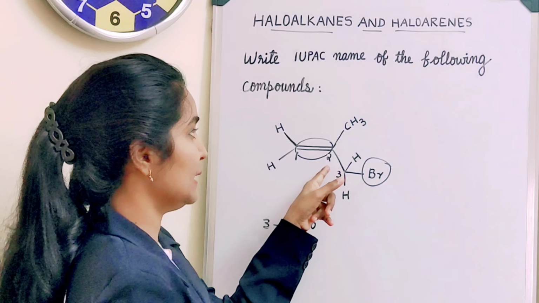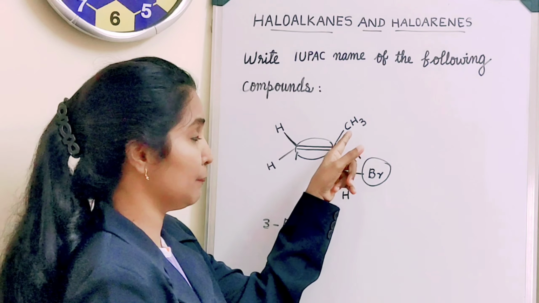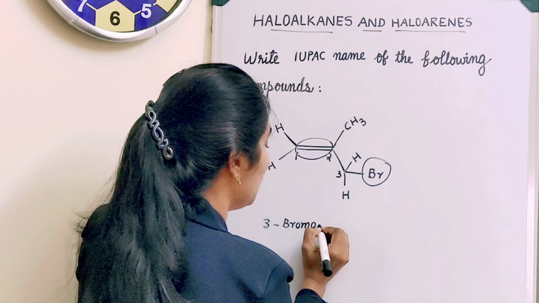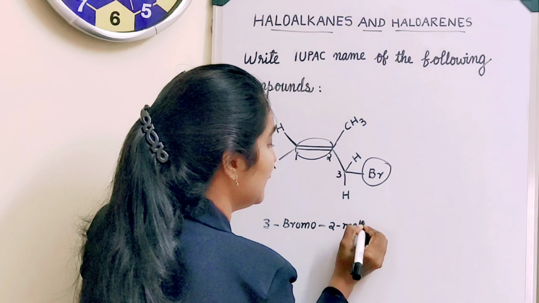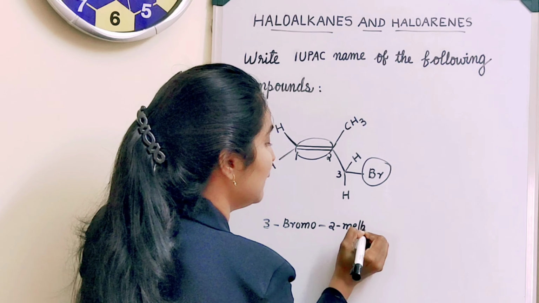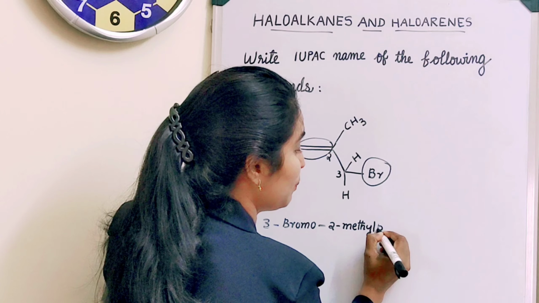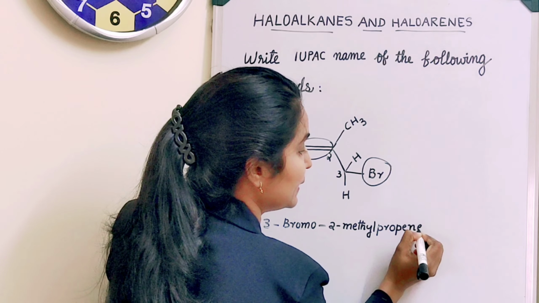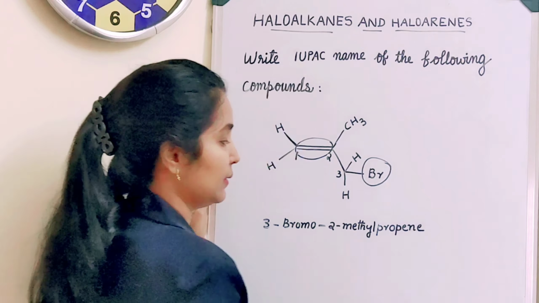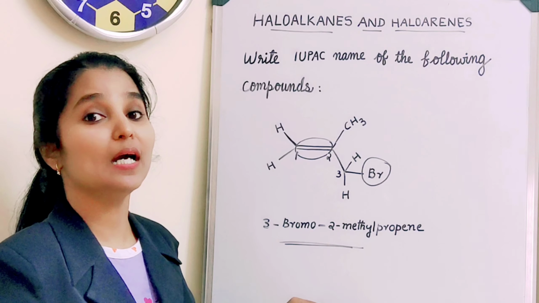Then in the second position we have the substituent methyl group. 3 bromo, 2 methyl. How many carbon atoms are here? 1, 2, 3. Prop. 3 bromo, 2 methyl, propene or prop-1-ene. So this is the name of the given compound.